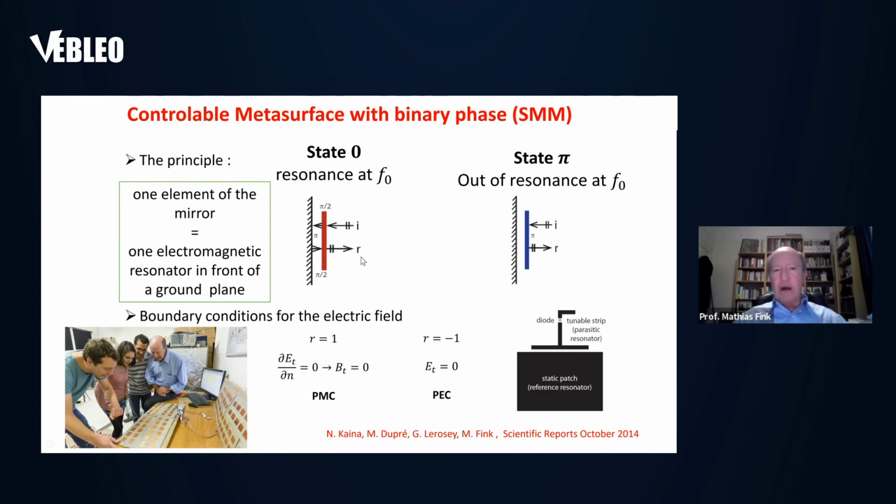And all this mirror is like you have a ground plate here, plus your resonator. When an incident wave comes, if you send a signal which is at the same frequency as your resonator, you know that when you are at resonance, the resonator shifts the signal by pi/2. An incident wave is shifted by pi/2. After there is the mirror, it shifts by pi. And after it comes back on the same resonator, it shifts by pi/2. This is what we call state 0. All what comes back is in phase.